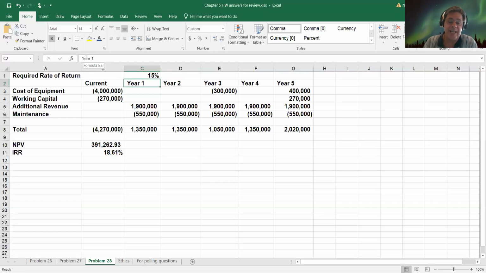Having decided that this was high risk and adding that extra into the required rate of return made a big difference. And that's one of the benefits of referencing the cell: you can change it that quickly without having to go into the formula and retype it.